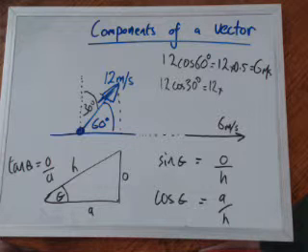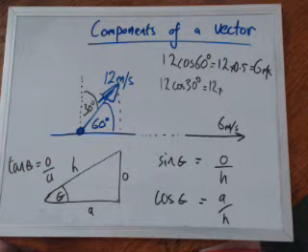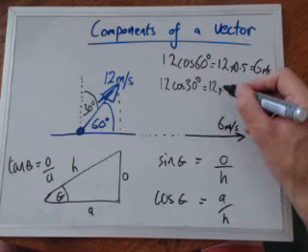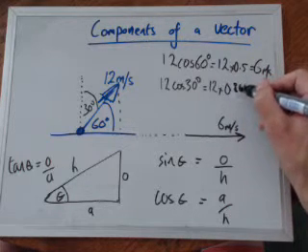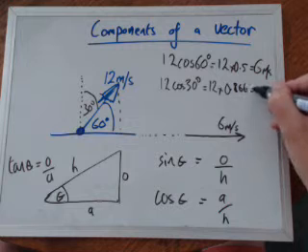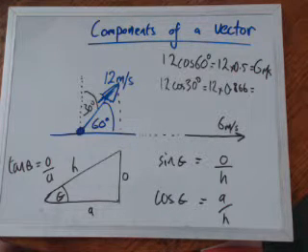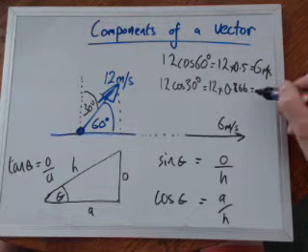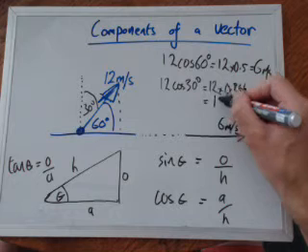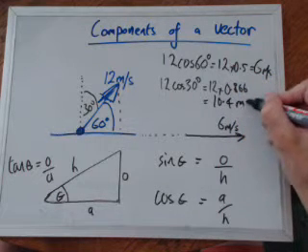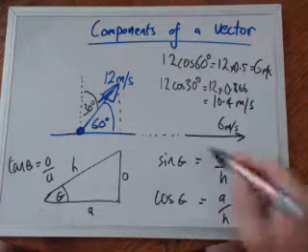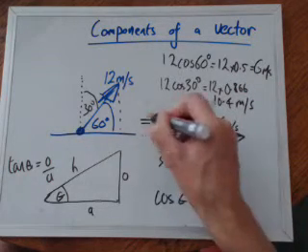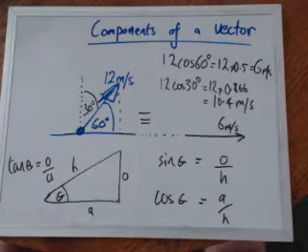Cosine of 30 degrees equals 0.866. And that equals 10.4 meters per second. So I'll write it down here: 10.4 meters per second.